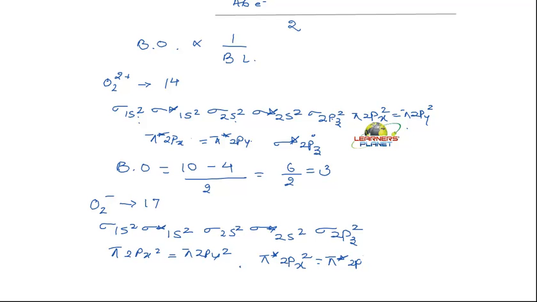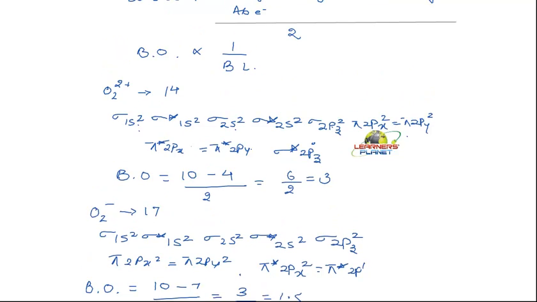Is it 17 now? 2, 4, 6, 8, 10, 12, 14, 16 and 1, 17. So what will be the bond order here, students? The bond order will be equal to how many bonding electrons? 2, 4, 6, 8 and 10, minus the anti-bonding ones, 2, 4, 6 and 1, 7. So this is 3 by 2, that is equal to 1.5, right?